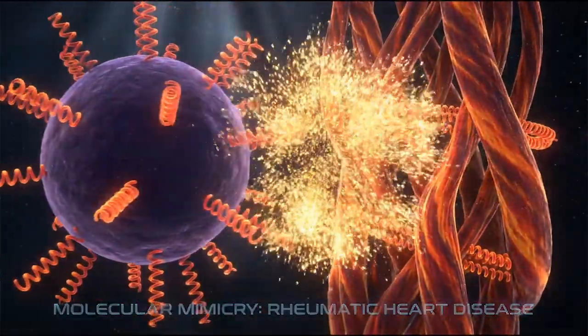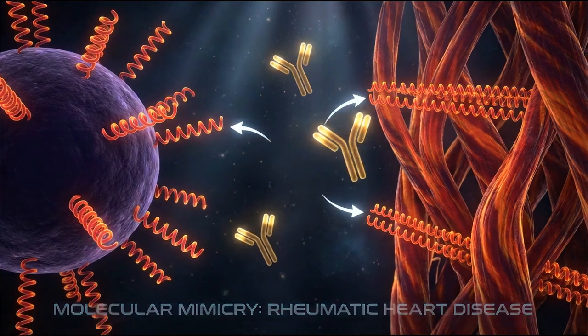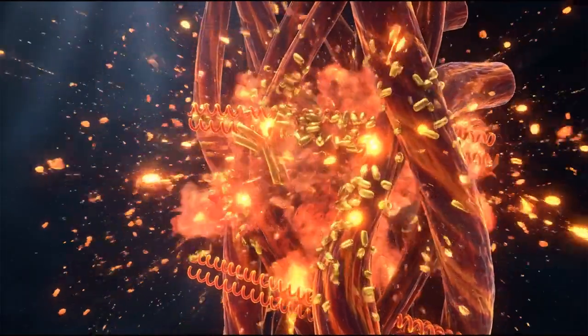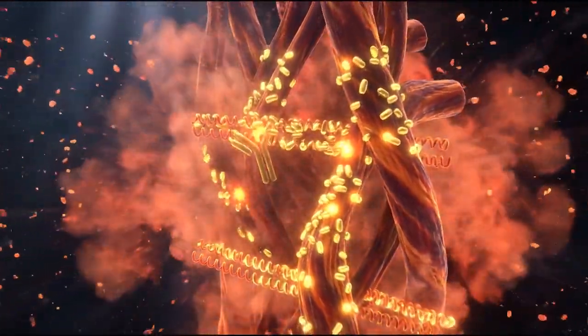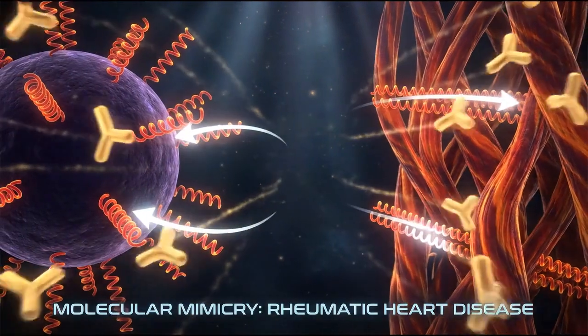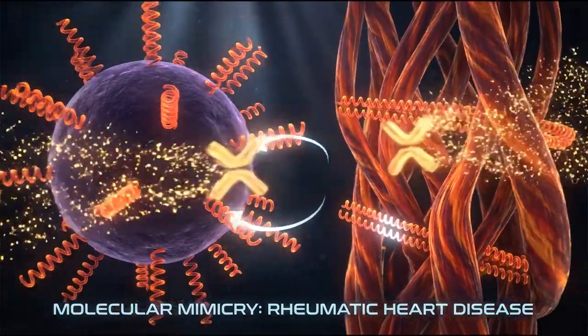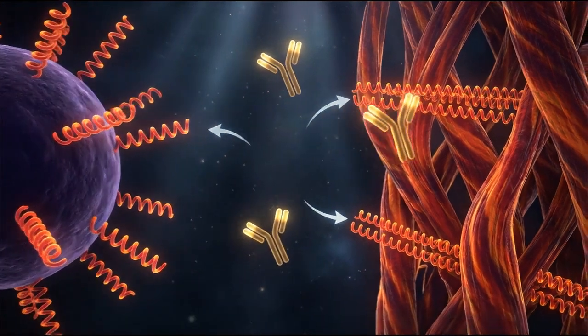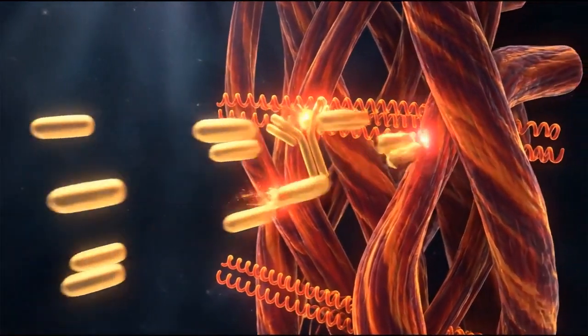Because of this similarity, the antibodies and T cells generated by the host to fight the streptococcal infection become confused. Instead of exclusively targeting the bacteria, these cross-reactive antibodies mistakenly bind to the host's own tissues. This loss of self-tolerance leads to an autoimmune attack on the heart, initiating acute rheumatic fever.